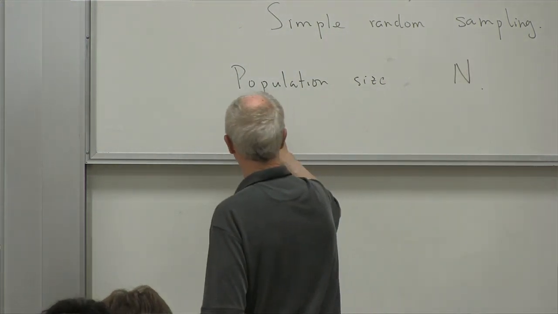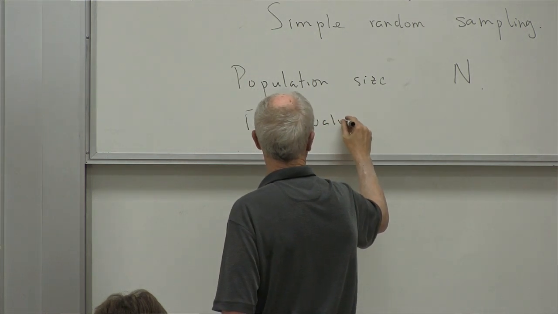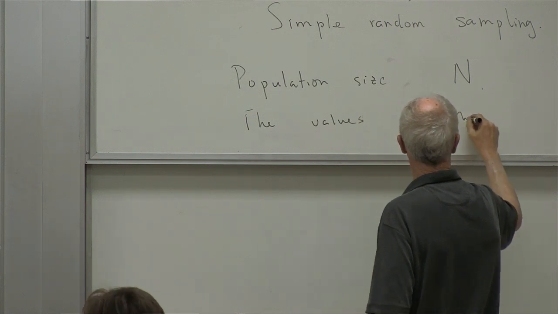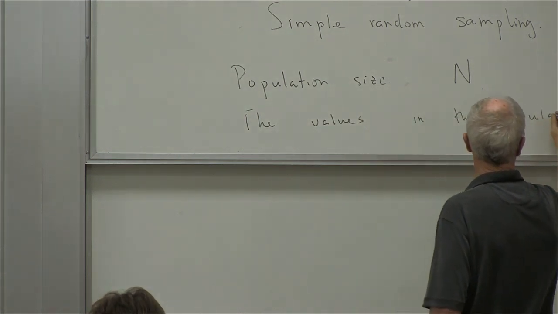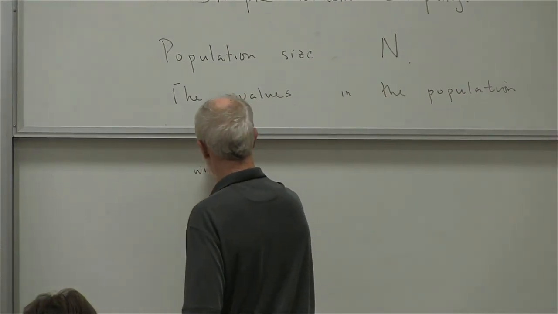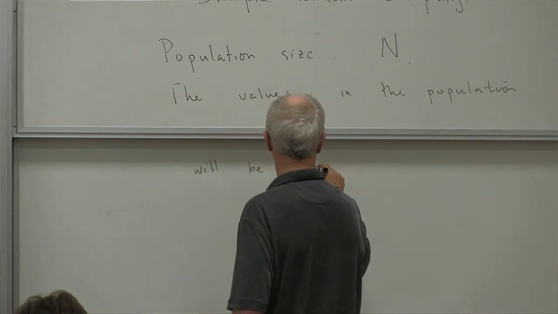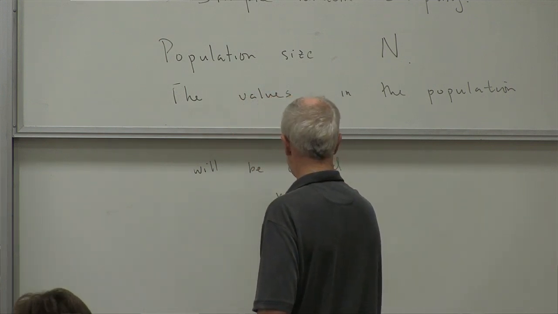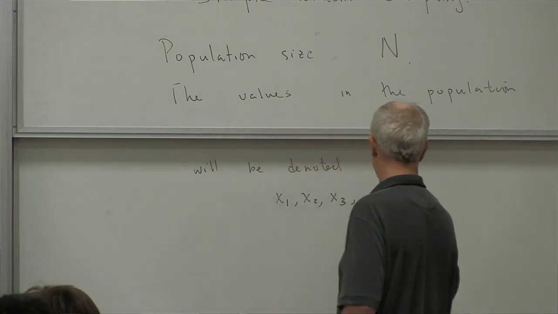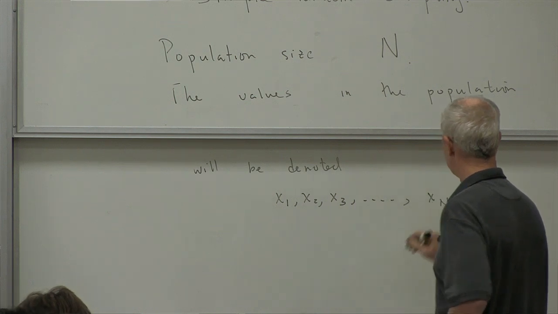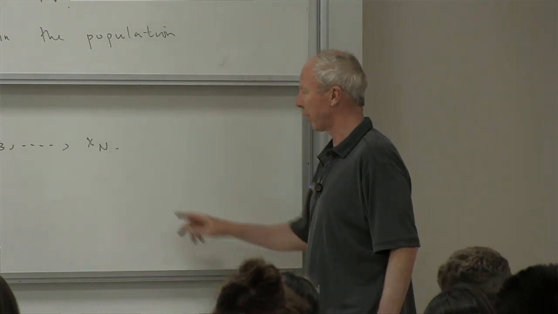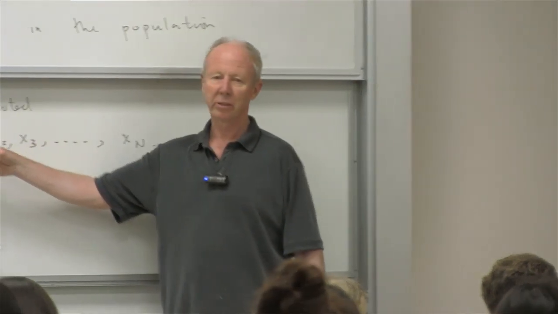The values in the population will be denoted by little x's, and I'll try to be careful to keep the index, the subscript on the x, going from 1 to capital N. So maybe individual 1 has this measurement assigned to it.